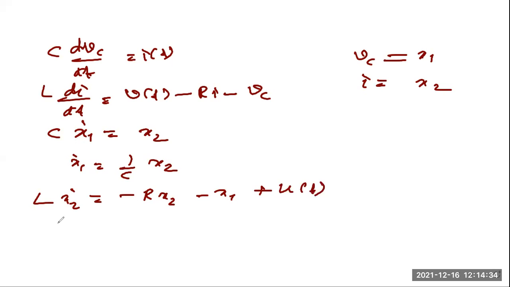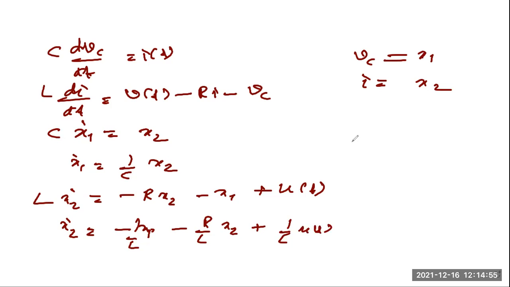So x2 dot equals minus 1 by L x1 minus R by L x2 plus 1 by L u(t).